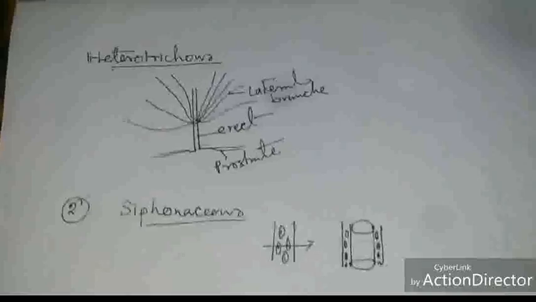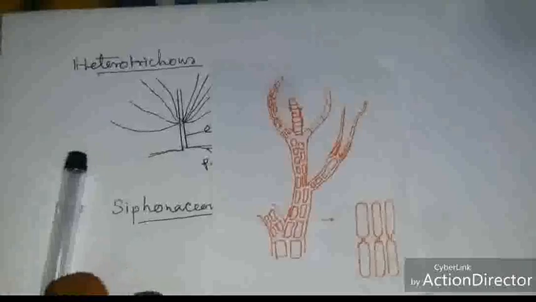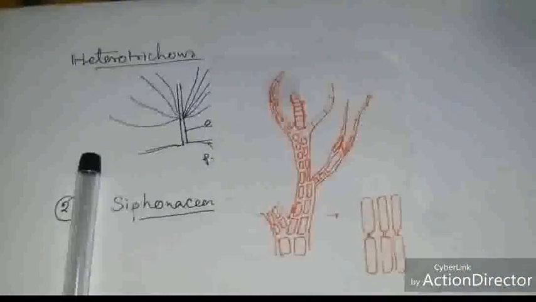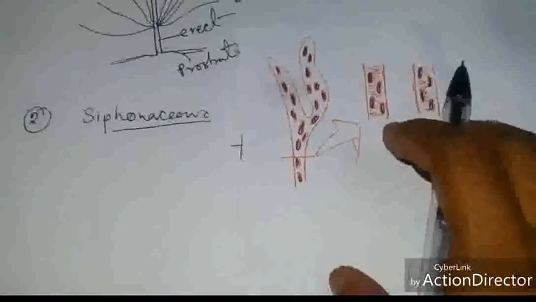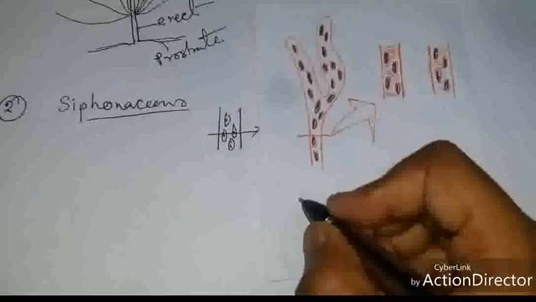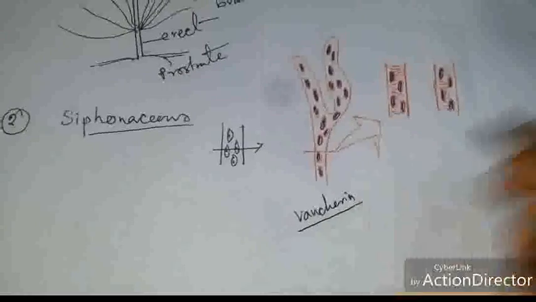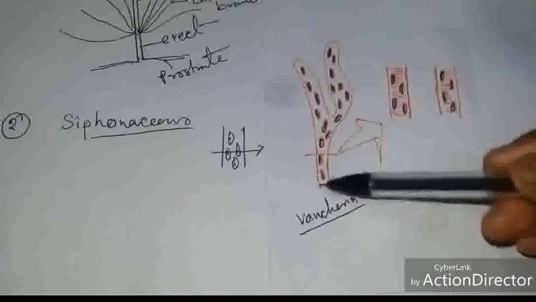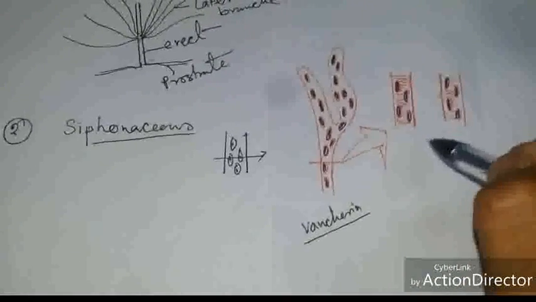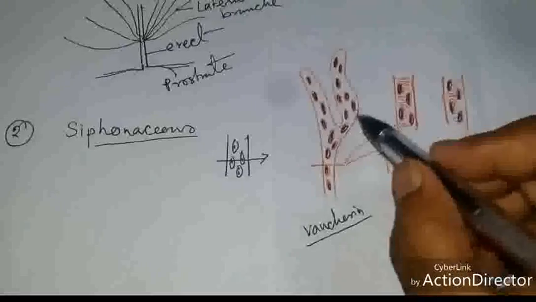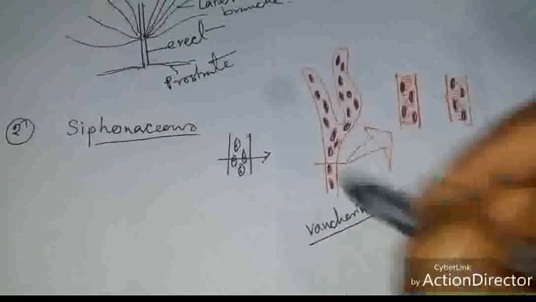An example of this type of algae is Vaucheria. It is a multinucleated algae, and in the middle region the hollow part is present, and cells are in the peripheral region. So it is a siphonoceous thallus body.